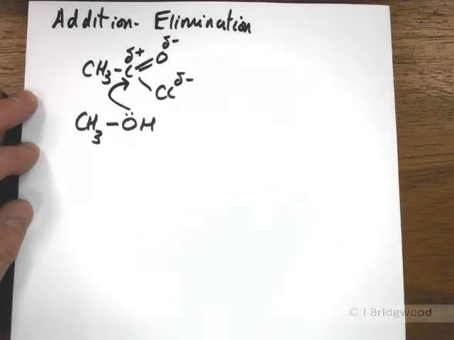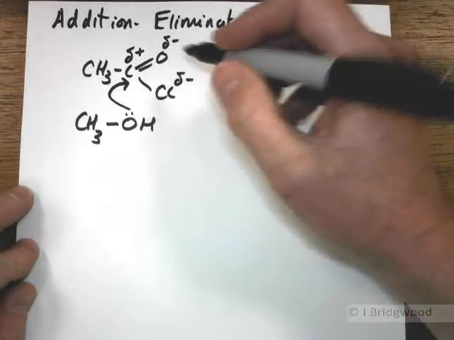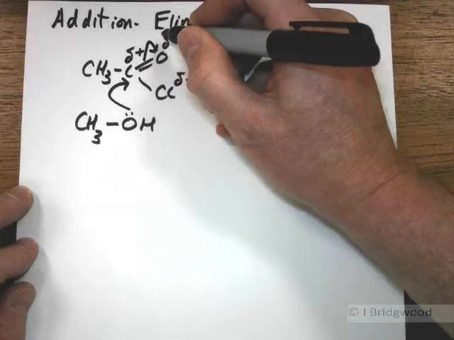Now that carbon of course has 4 bonds. It has no space for an extra electron pair, so it's got to release a pair of electrons, and the pair of electrons that it will release will be the weakest bond, which is the carbon oxygen pi bond. So we'll find that that pi bond will break, pair of electrons moving towards the oxygen like that.